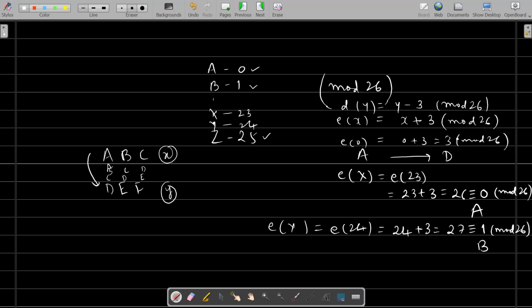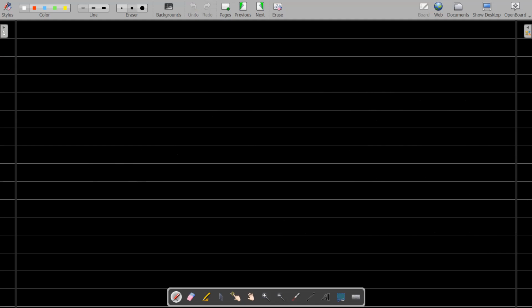So this was Caesar cipher, and more generally, there is nothing special about shifting by 3. More generally, what one can do is E of X equals X plus K, but because there are 26 letters, we are doing modulo 26.